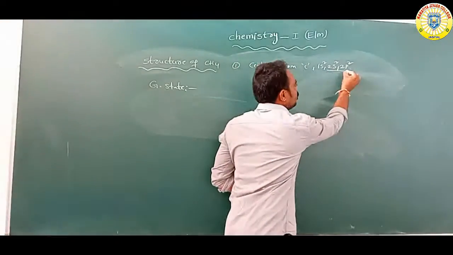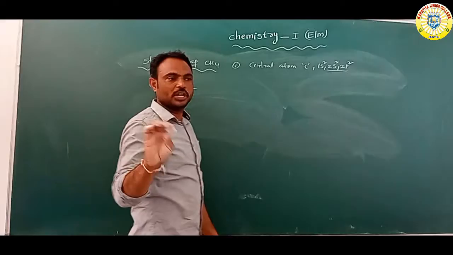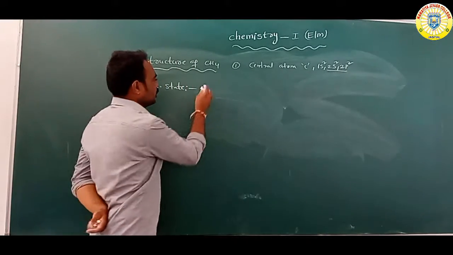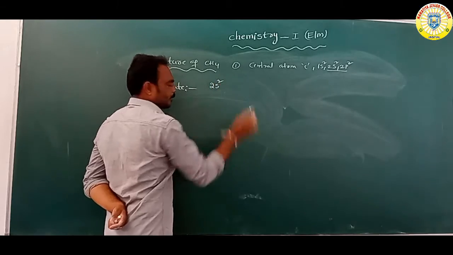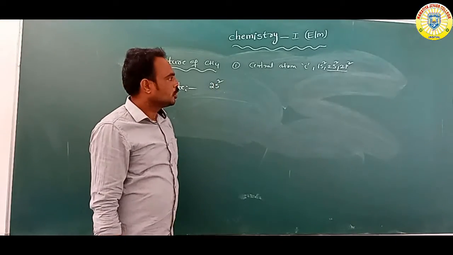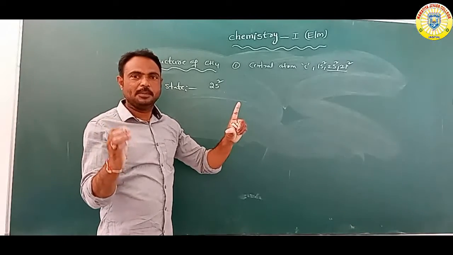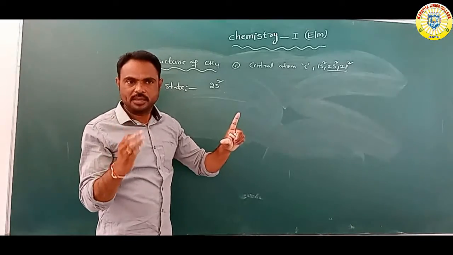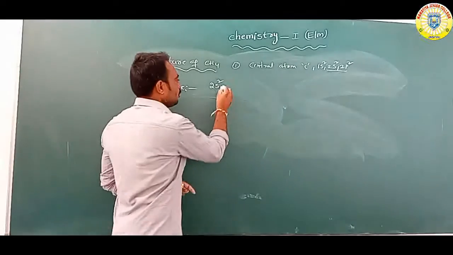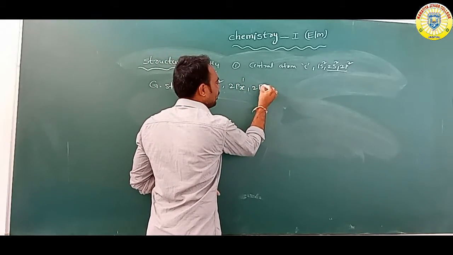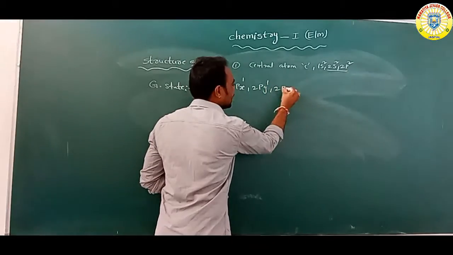The 2p2 means the p orbital contains px, py, pz: 2px1, 2py1, 2pz0.